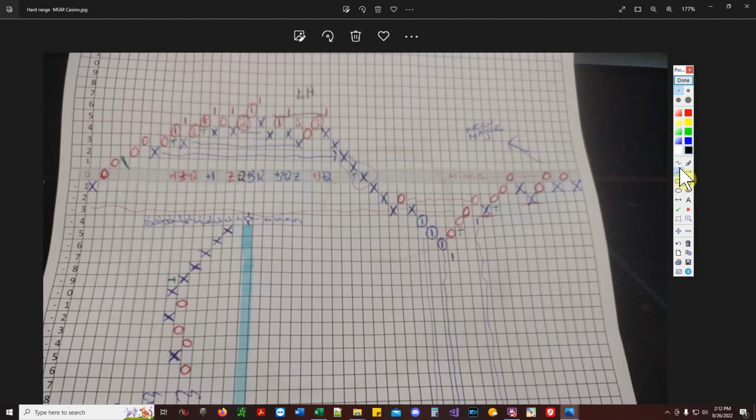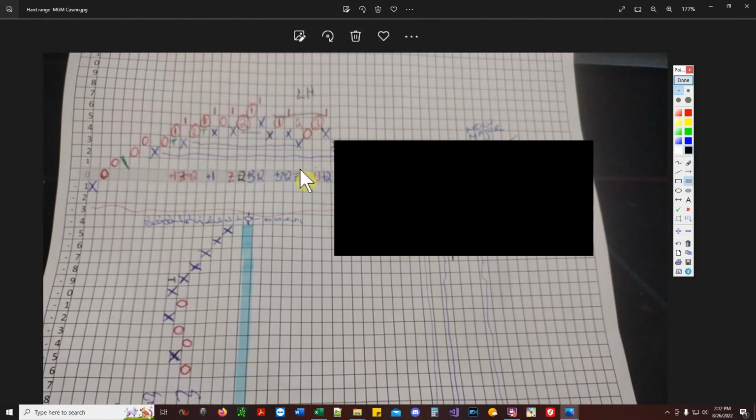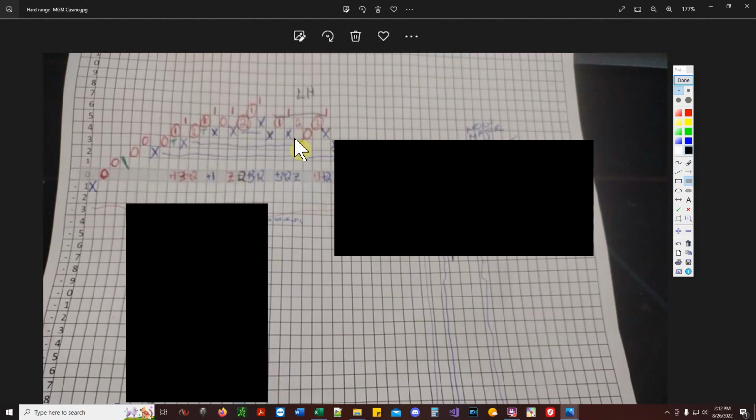Because when you're playing far right, not knowing, let me block some of this just so you guys have an idea what I'm talking about. When you guys are playing far right and you don't know what's coming up, step back and look at where you're at.